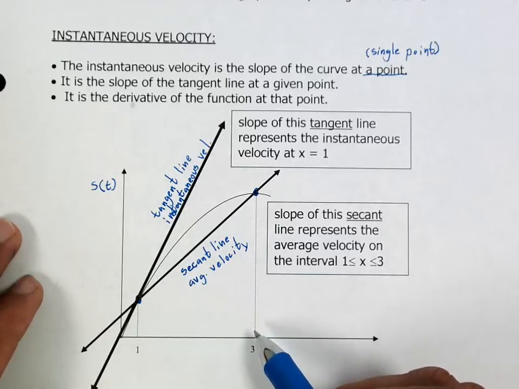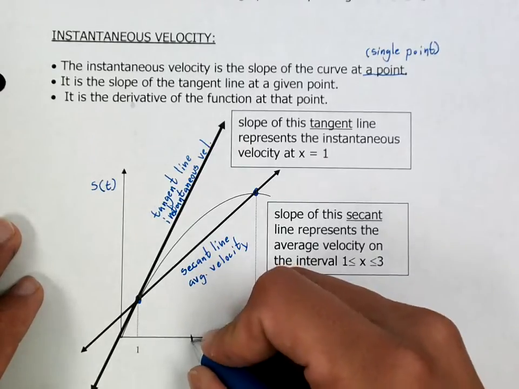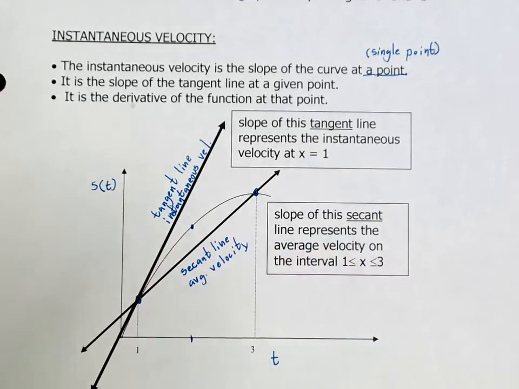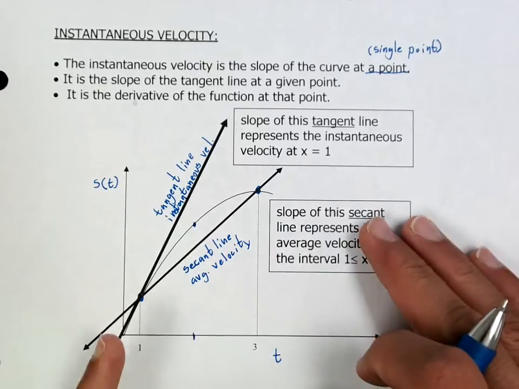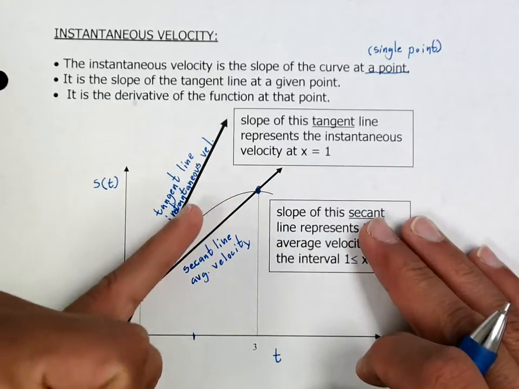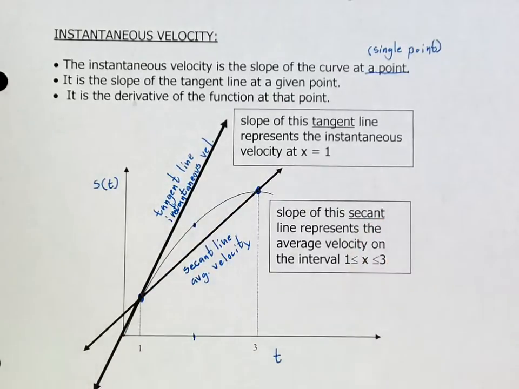If I ask you where this car or this person is at 1.5, this would tell you, if you knew the height, the position of that person. The difference is that the slope at every single point on here represents the derivative, or the instantaneous velocity in this case, since we're talking about position.